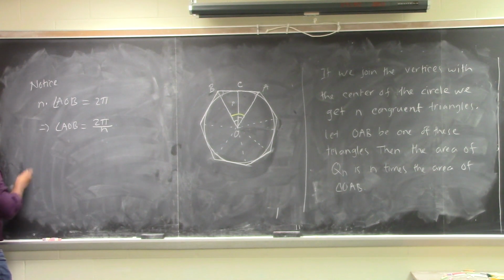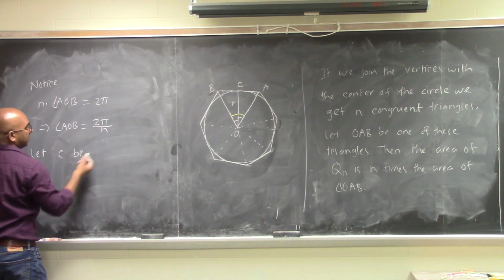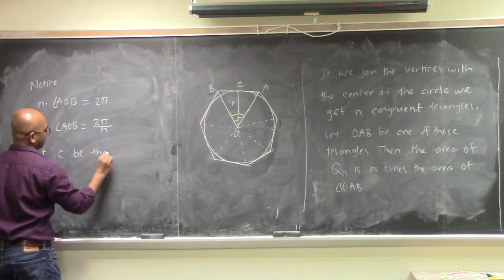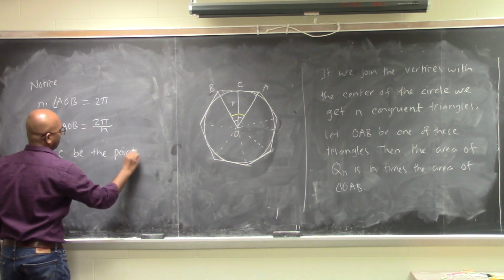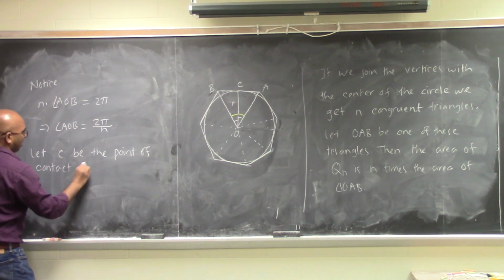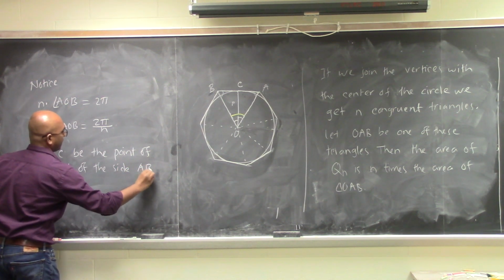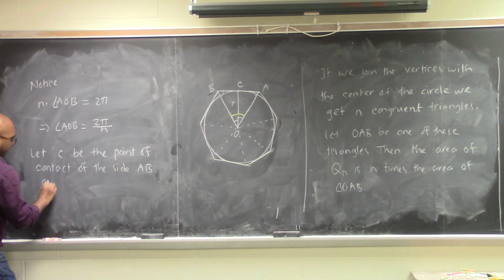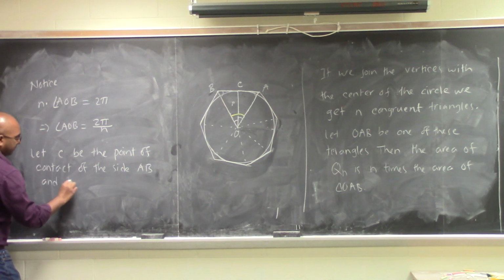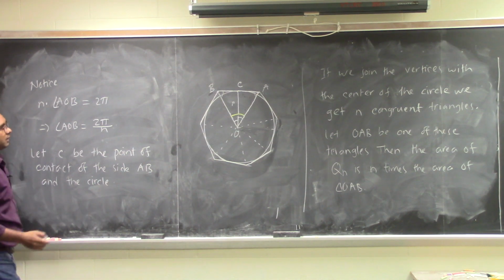All right, so let C be the point of contact of the side AB and the circle. Okay.